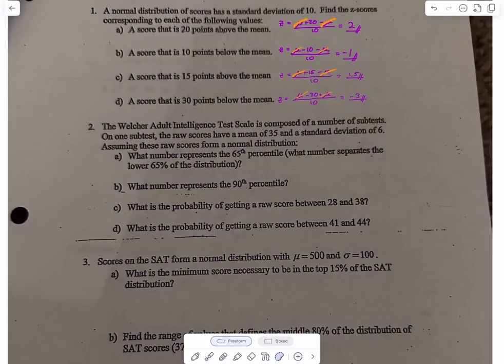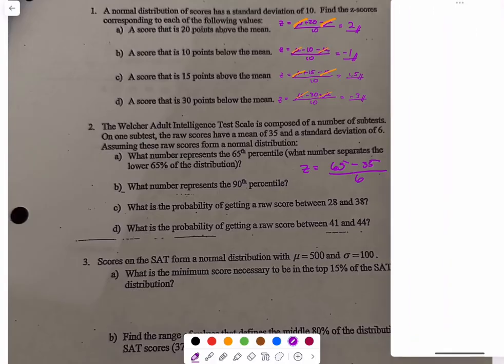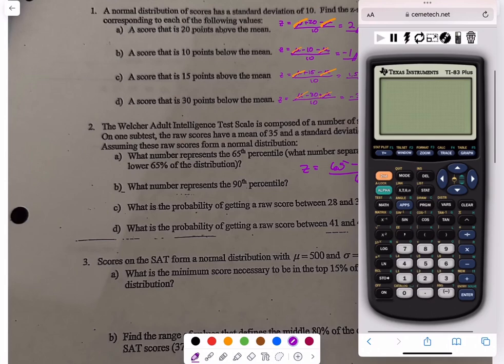Okay, yeah. So let's find the corresponding z-score. Let's just see what happens, right? So for part A, if we said 65 minus the average, which is 35, and the standard deviation is 6. Minus 35 divided by 6.